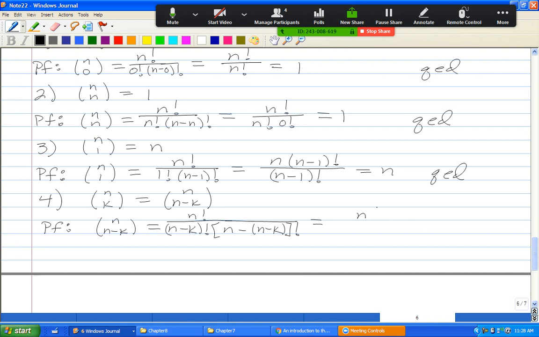And so this is n factorial over n minus k factorial. The n's cancel, and so I just have k factorial.